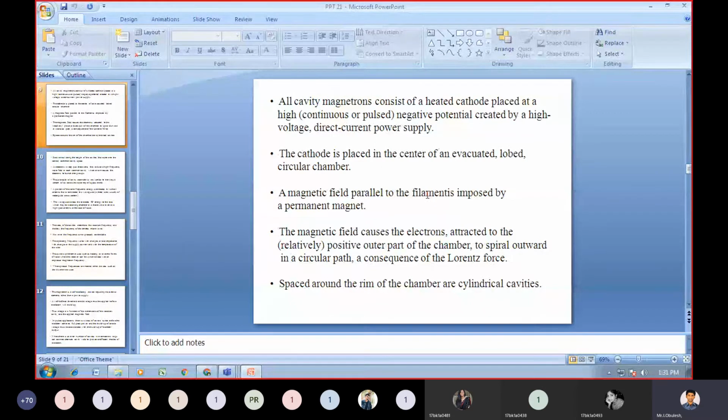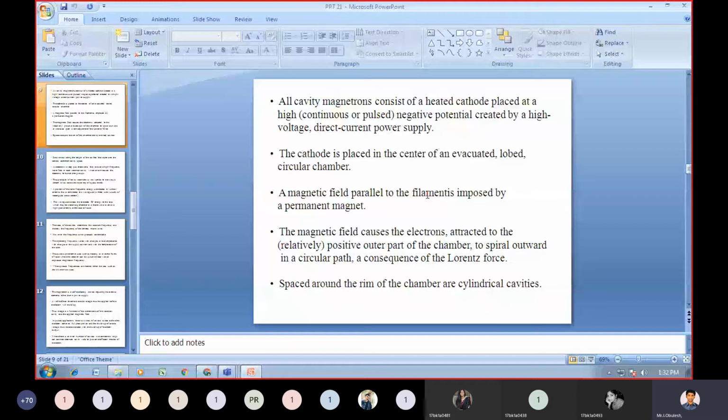The magnetic field causes the electrons, which are attracted to the positive outer part of the chamber, to spiral outward in a circular path, a consequence of the Lorentz force.